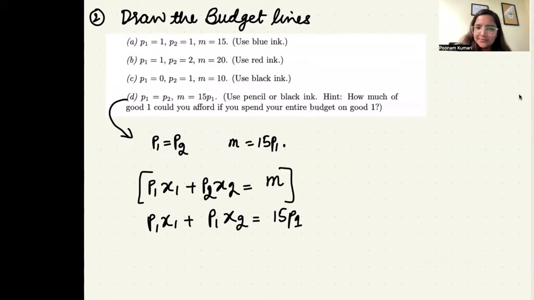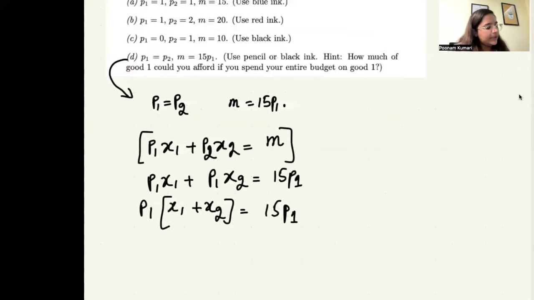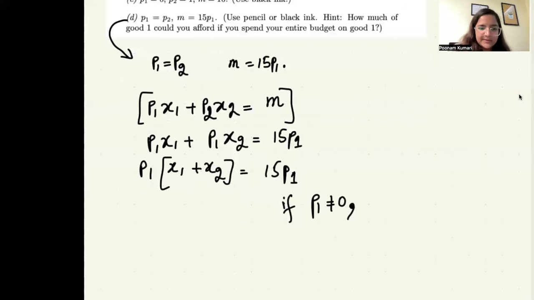Yes, ma'am. So the equation finally becomes this: P1 times (x1 plus x2) is equals to 15 P1. If P1 is not equal to 0, which won't be, then you can cancel P1 from both sides, and then x1 plus x2 is equals to 15.